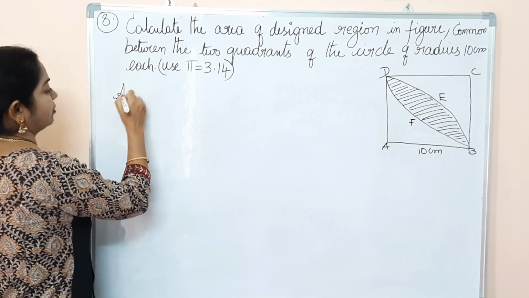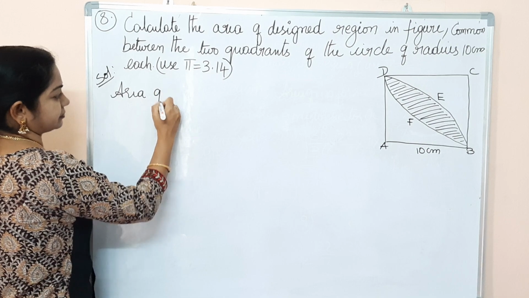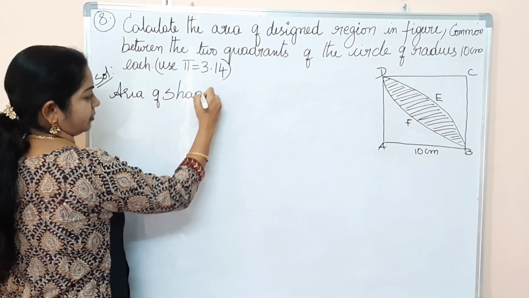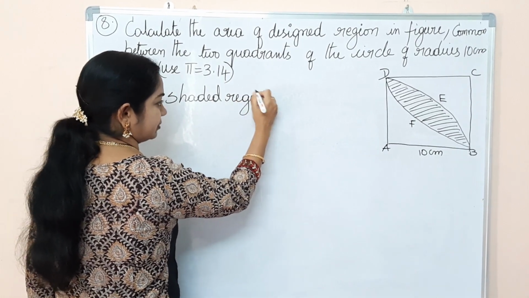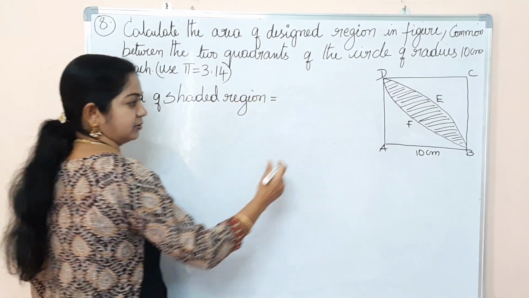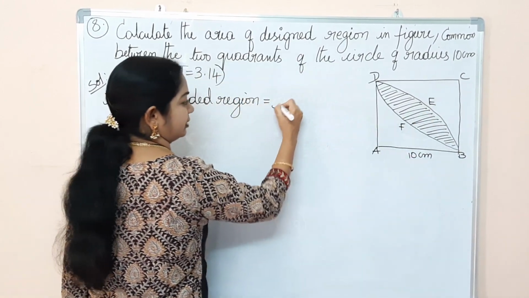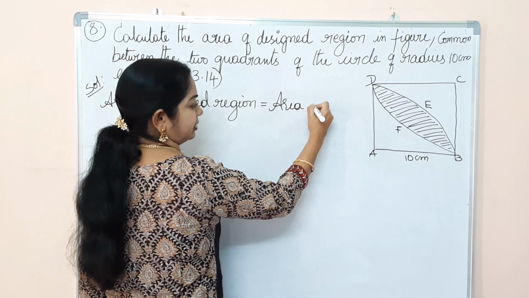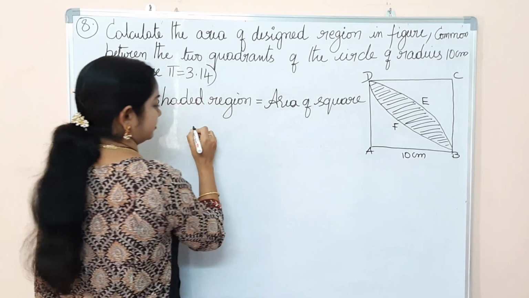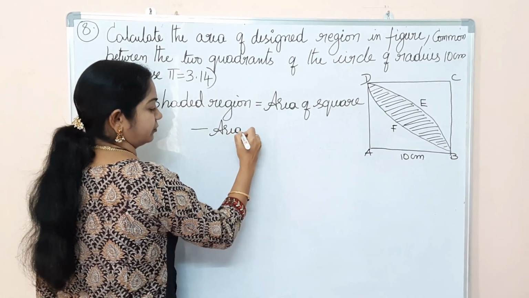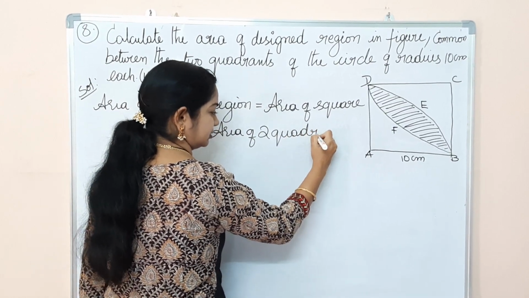So the area of the shaded region, or the design part, is equal to the area of the square minus the area of the two quadrants, or the two sectors.